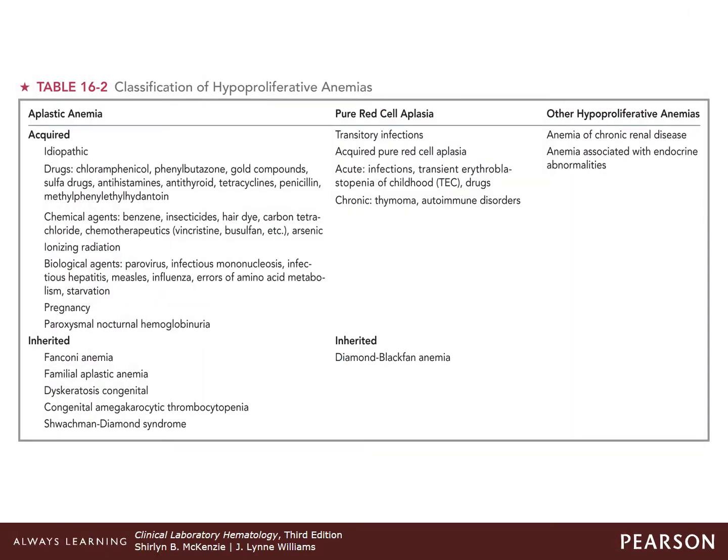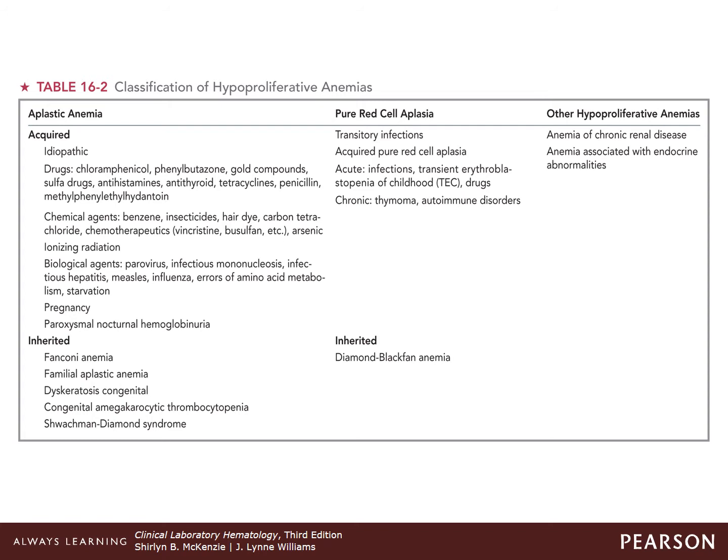So Table 16.2 is another good classification of hypoproliferative anemias, categorized into aplastic, which can be acquired or inherited. This leads to a pancytopenia, again a decrease in your white cells, platelets, and red cells. Or you have the category of pure red cell aplasia, in which only the red cells are decreased, and your platelets and white cells are normal.